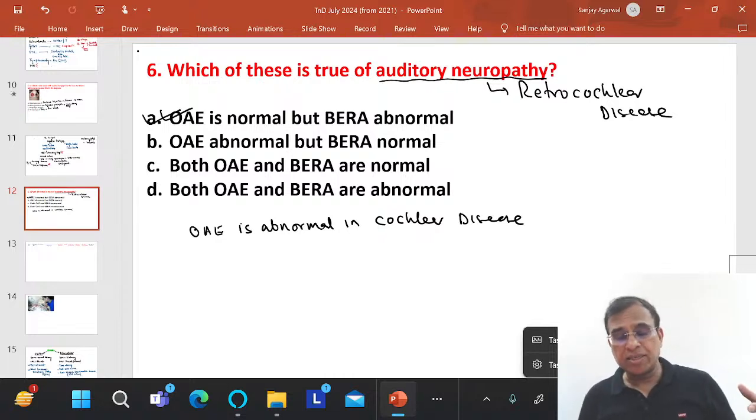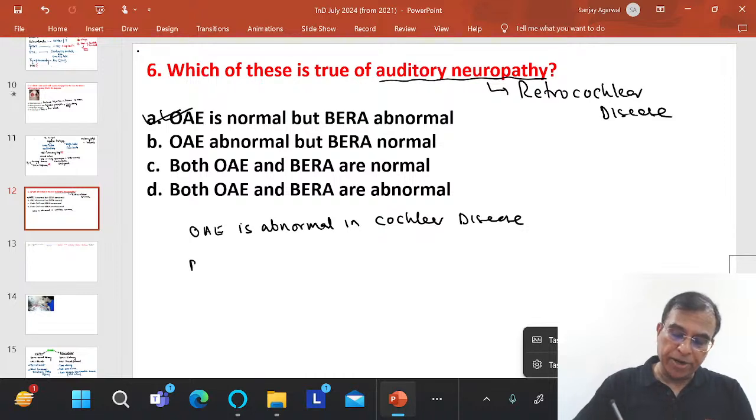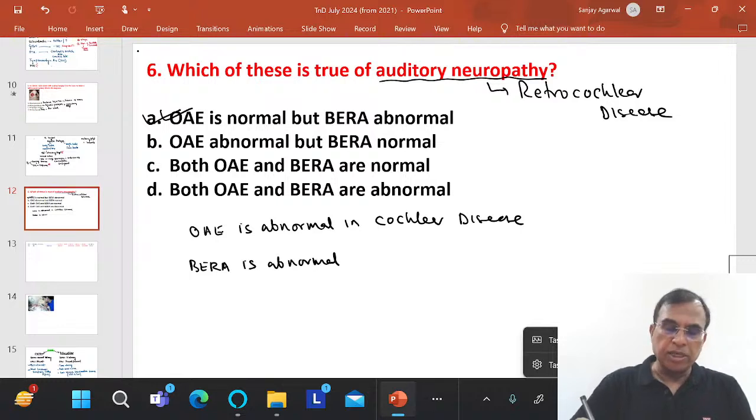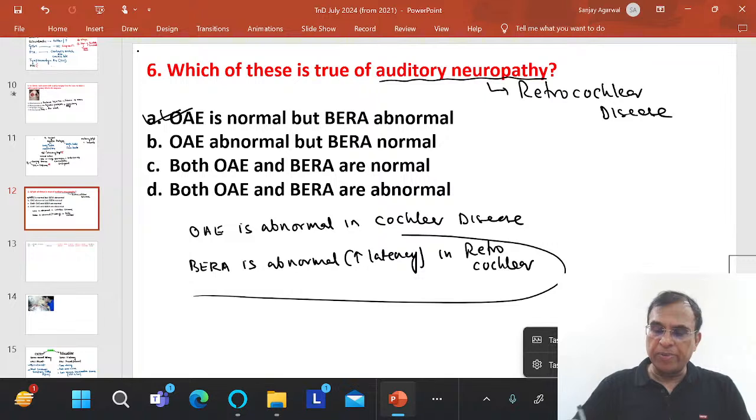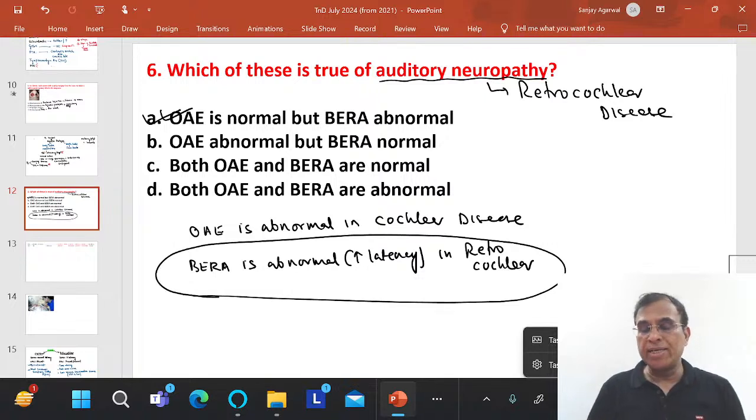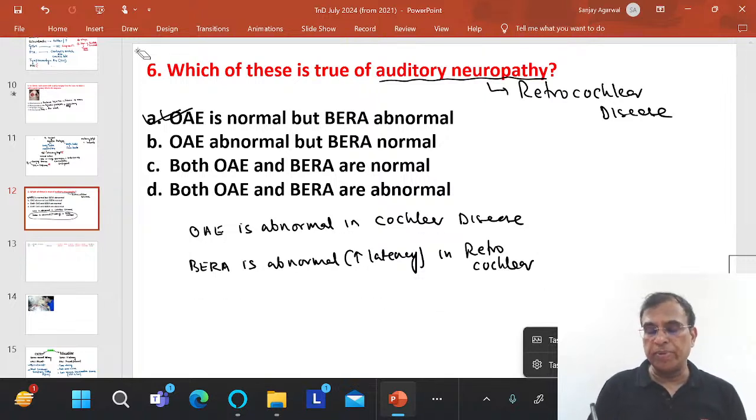But in this case, OAE is normal, so it's not a cochlear disease. And BERA is abnormal. In BERA, abnormal means increased latency in retrocochlear disease. Because auditory neuropathy is a retrocochlear disease, BERA will be abnormal, but OAE has nothing to do with retrocochlear disease, so it will be normal. So yes, this is the correct answer.